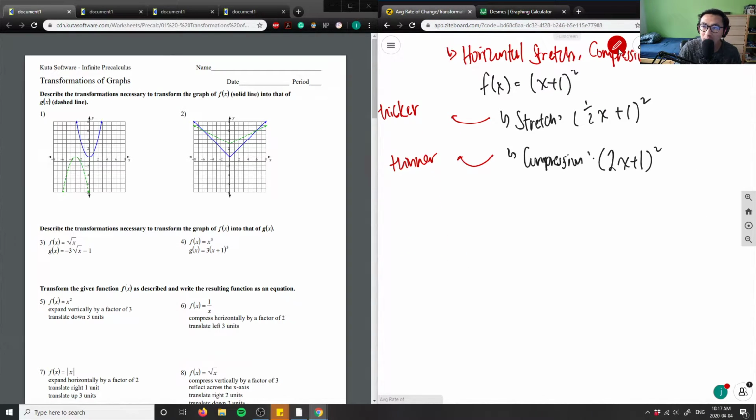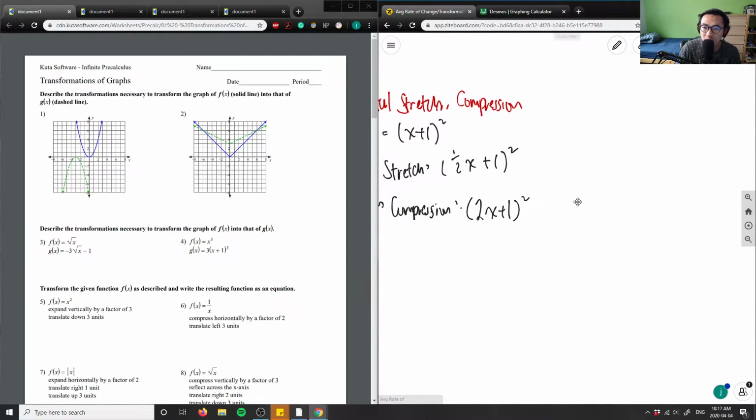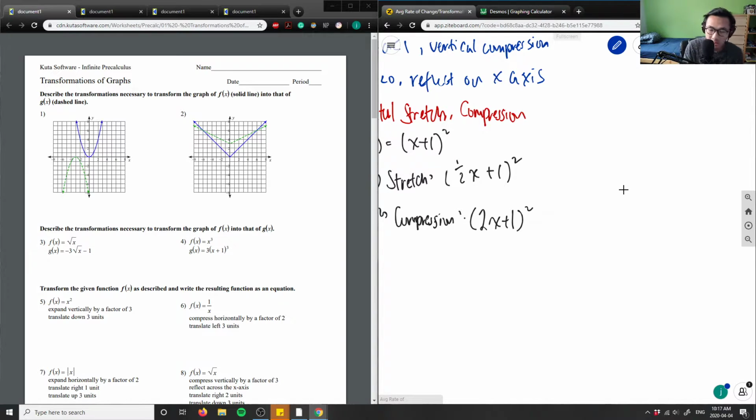So if I had this function here, and I'm going to do a little side note, maybe so this can be in blue. I'm going to shift everything this way. I'm going to copy what I have here. So I have here half x plus 1 squared. And I told you that if it was a fraction between 0 and 1, it's going to be a horizontal stretch. However, what I can do to this function is I can actually factor out this half, right?